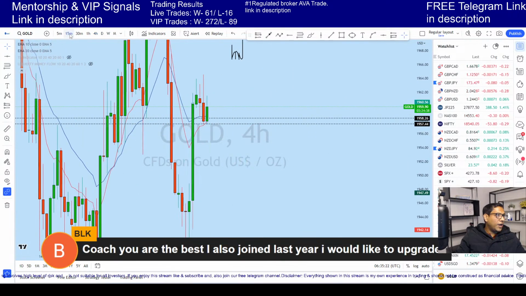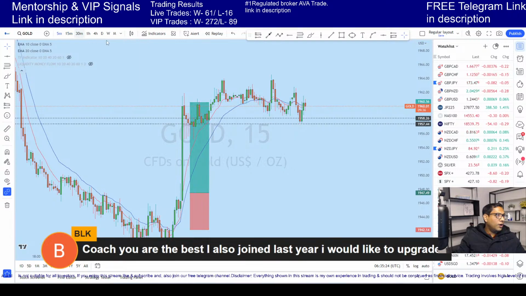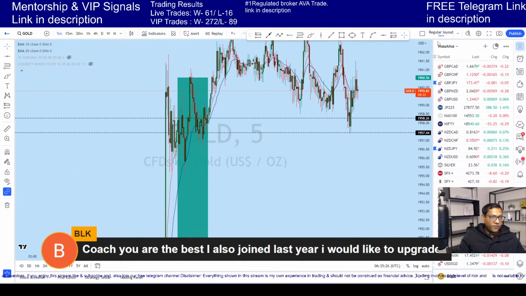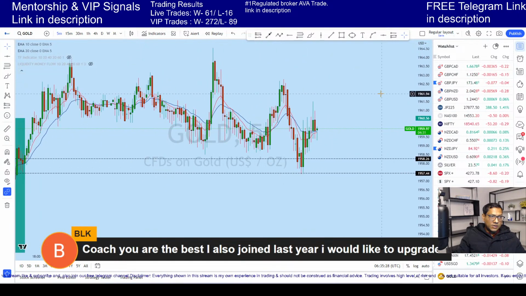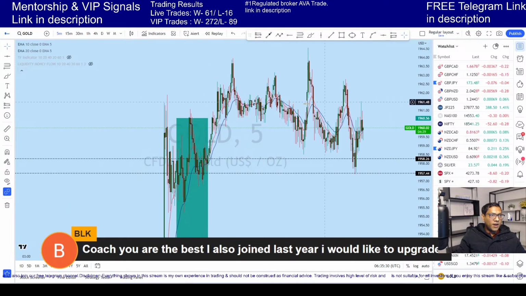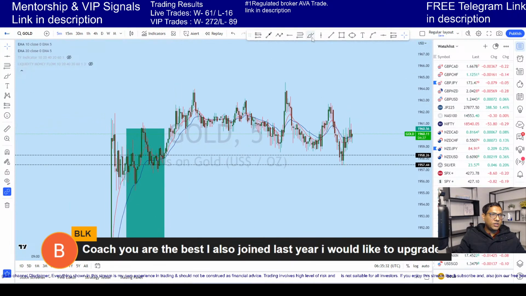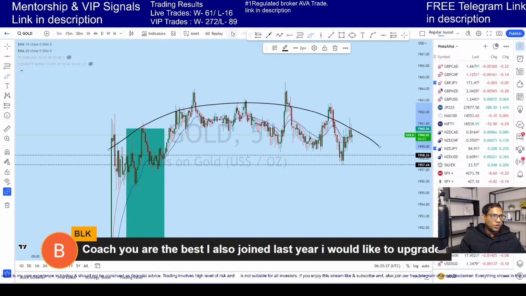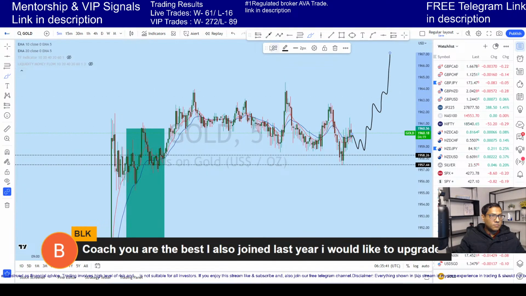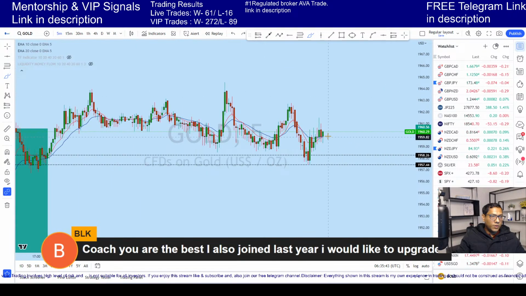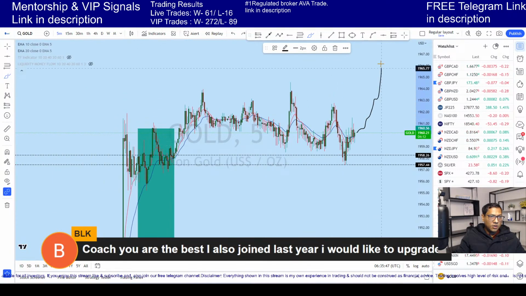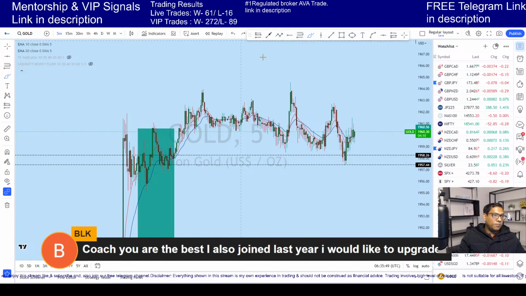Now if I look at this one on gold, again on the 5 minutes, after this one we saw the market is moving in a consolidation. This is a semicircular consolidation, and I'm expecting the price to break to the upside as news is coming tomorrow also on AUD to give me another impulse.